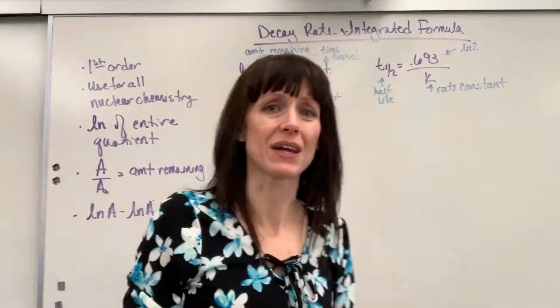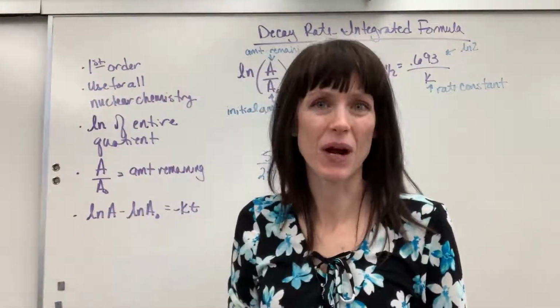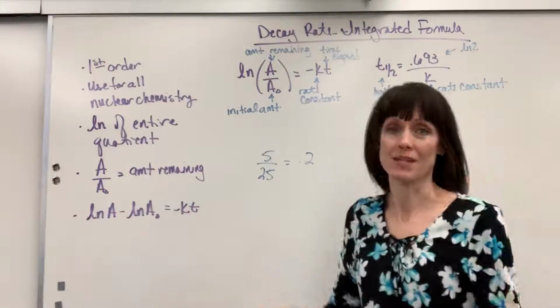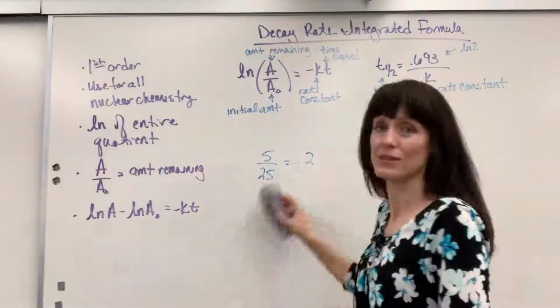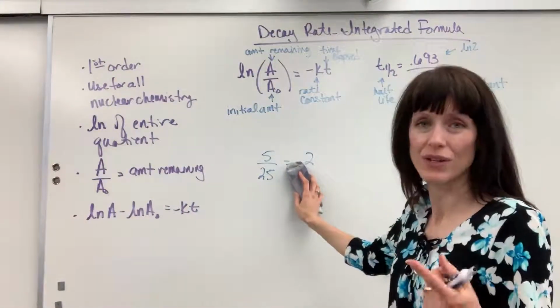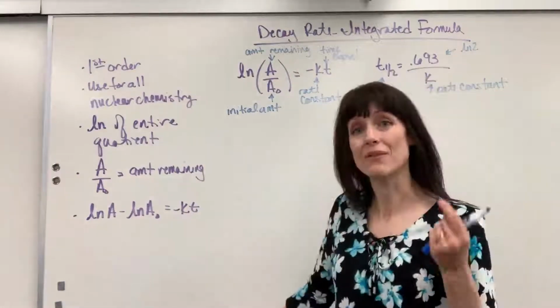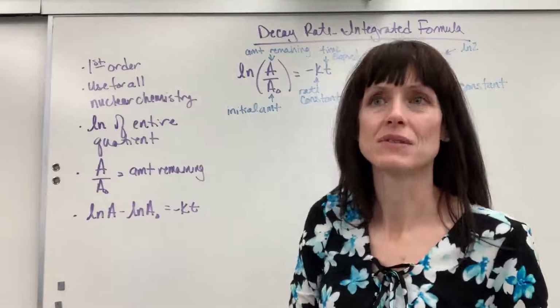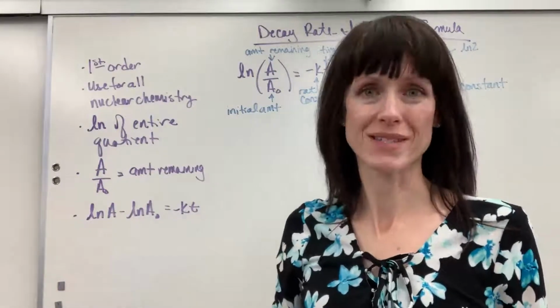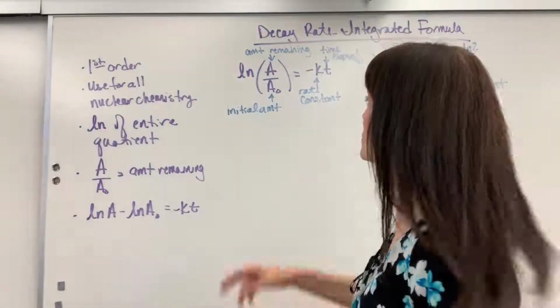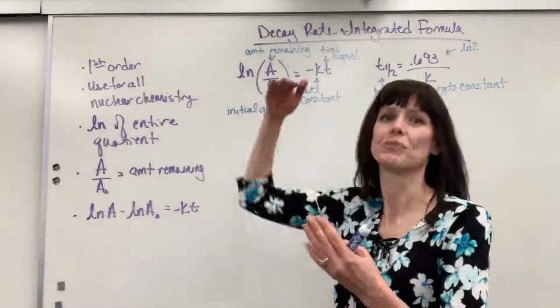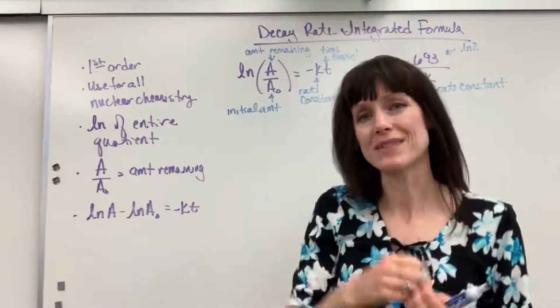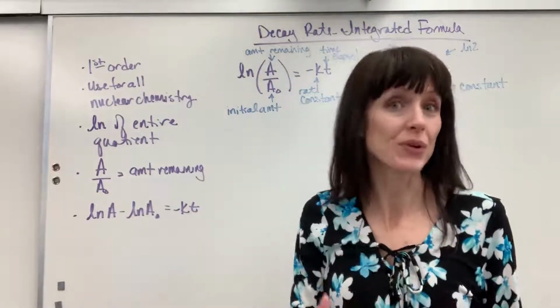That's going to be significant because there's a good chance you're going to see problems that will say 10% of the initial amount is remaining. They don't give you the initial amount or the final amount, they just give you the percent remaining. Well, you can plug it right there. Now be careful, because sometimes they'll say 70% was consumed. Well, you can't put 70% here, you have to put the amount remaining. If 70% is consumed, how much remains? 30%.